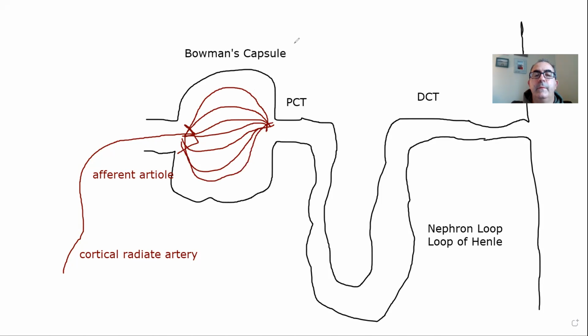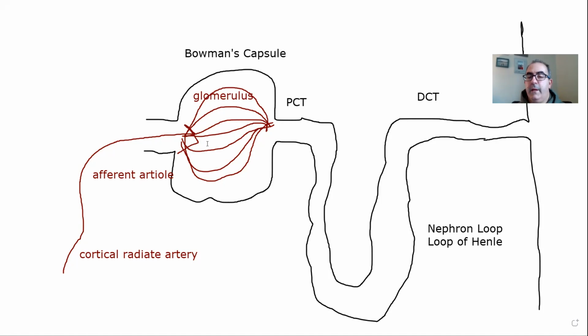That is called the glomerulus. So glomerulus refers to the capillaries that are inside Bowman's capsule. From the cortical radiate artery, a little arteriole comes off, bringing blood into Bowman's capsule, and it branches into really small capillaries. That network of small capillaries is called the glomerulus.